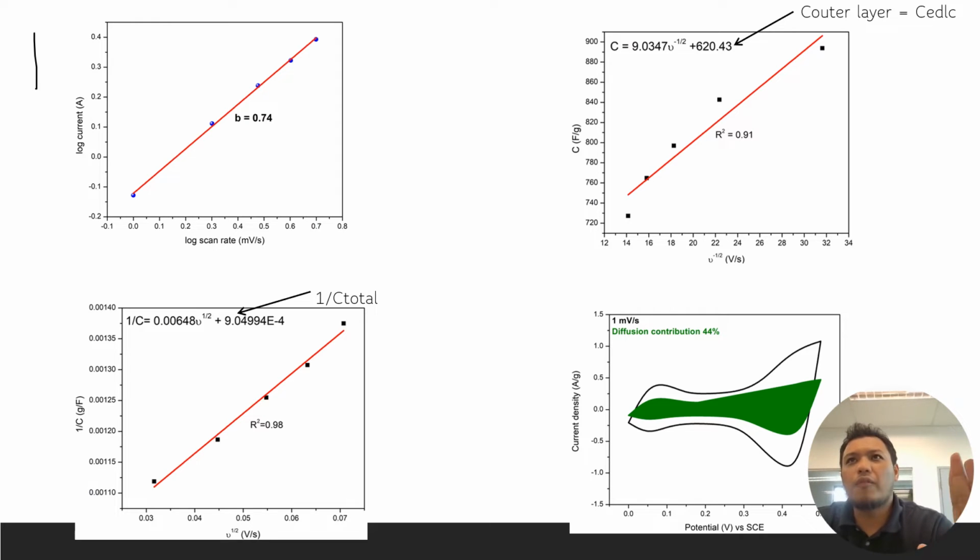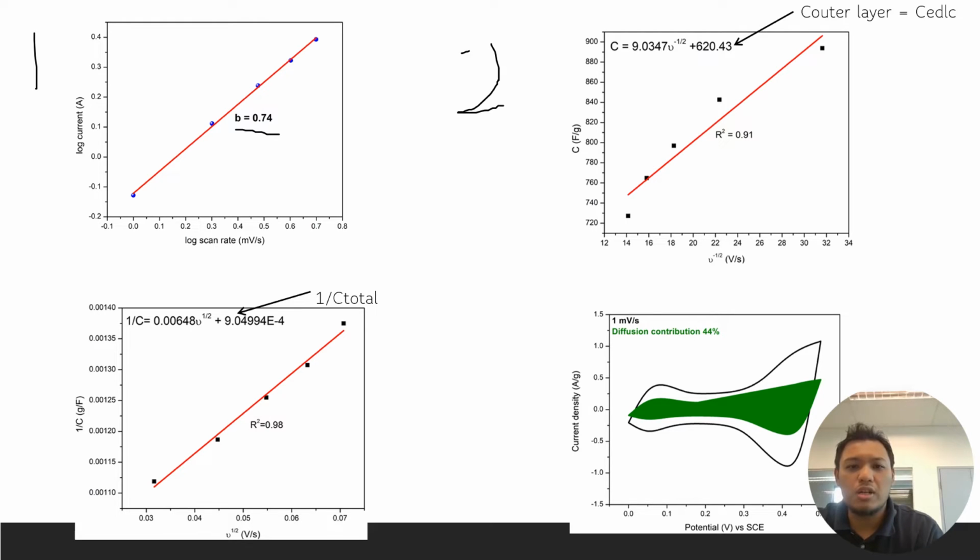We say that below 0.5 is battery type and close to 1 is EDLC, but in the middle, if you have 0.6, 0.7, 0.8, you have pseudo-capacitive behavior, maybe half battery type and half ideal capacitor. When I observe a b-value of about 0.75, I decide to do the Trasatti method. So there is no need to proceed with the Dunn method.